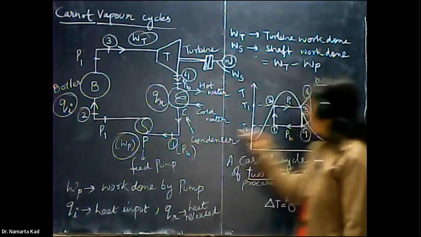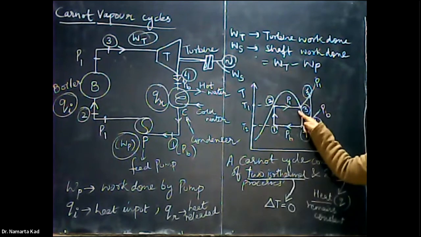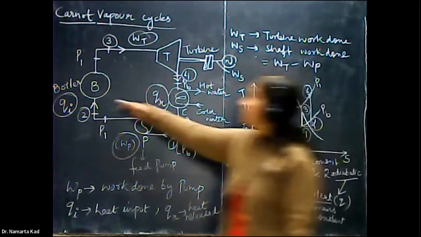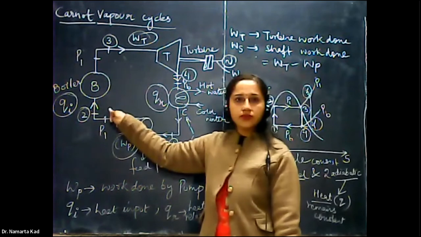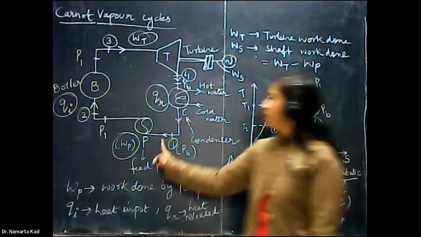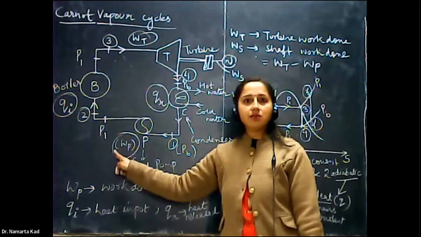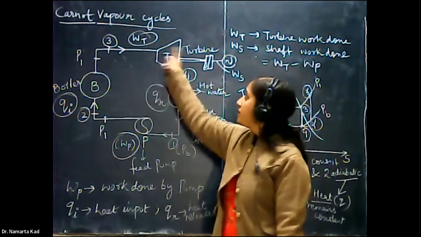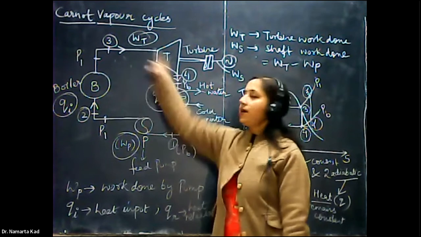During the stage 2, 3, this is the isothermal process. Here it is also an isothermal process. Here the adiabatic process takes place, and here it is also an adiabatic process.